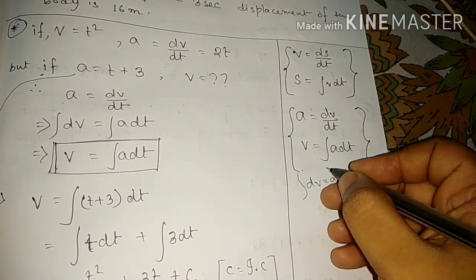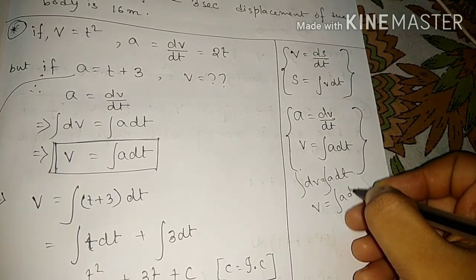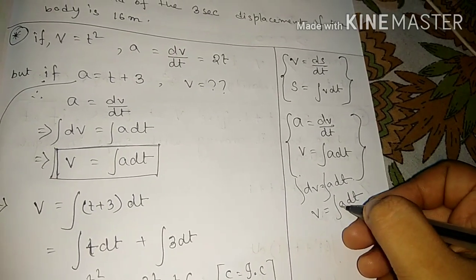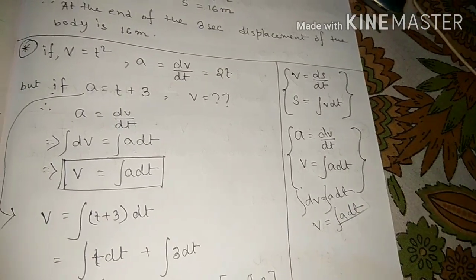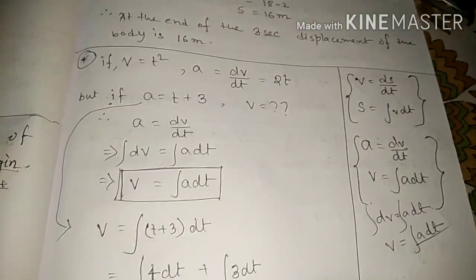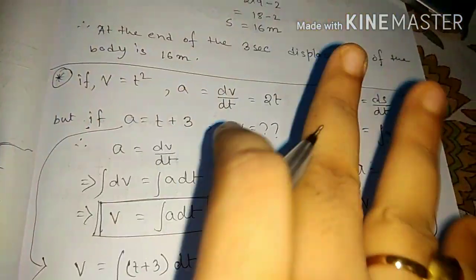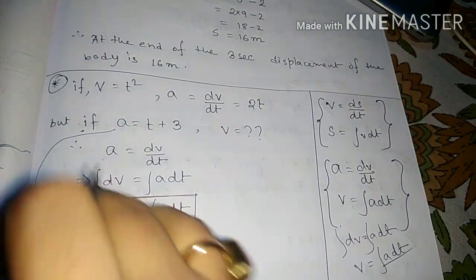If we integrate both sides, integration of dv gives integration of a into dt. We don't know the value of a, that's why we write integration of a dt. These four formulas we use in physics to solve numericals.